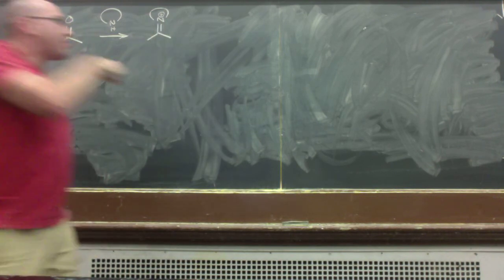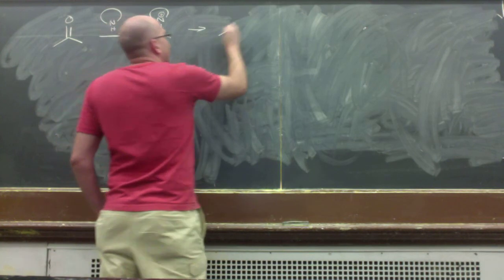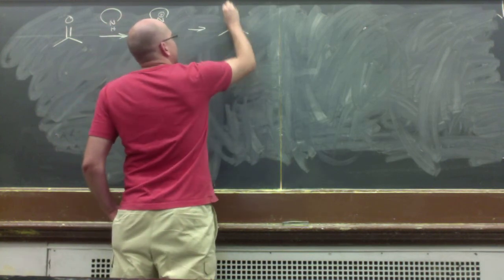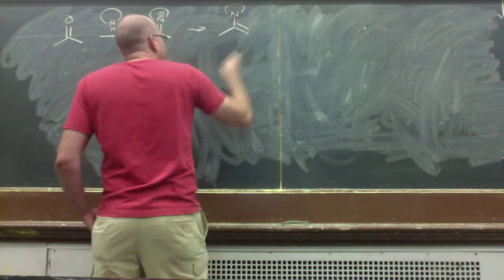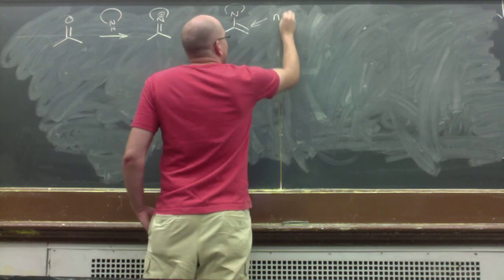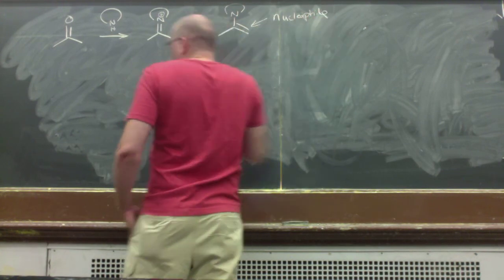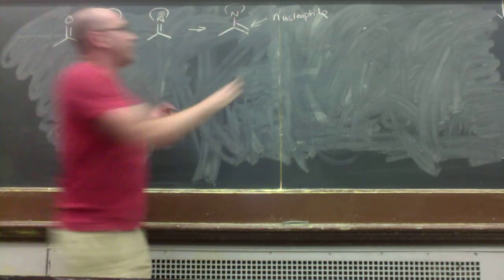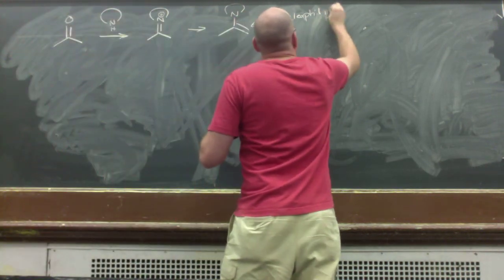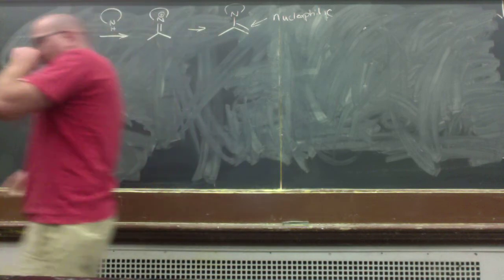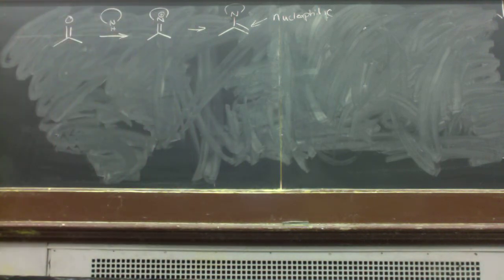Then that aminium will tautomerize, and we'll end up with the enamine, right? And this can be a nucleophile, nucleophilic. So that can be the nucleophilic enamine. But within this intermediate is something that's just glaring. It should be glaring to you guys, right?